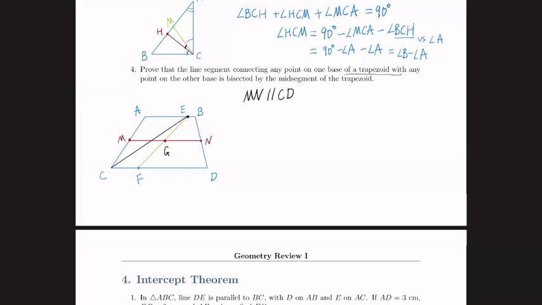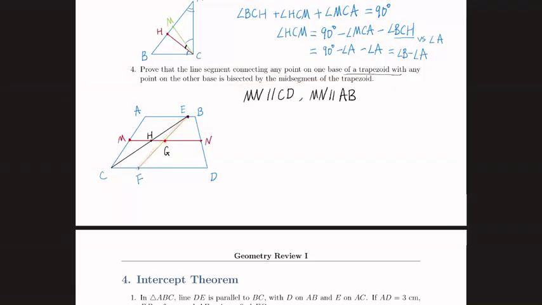How do we use this information? I'm going to mark this point H. Aaron, any thought? We could say MN is parallel to AB as well. That's also true. We want to see that this G is actually the midpoint.